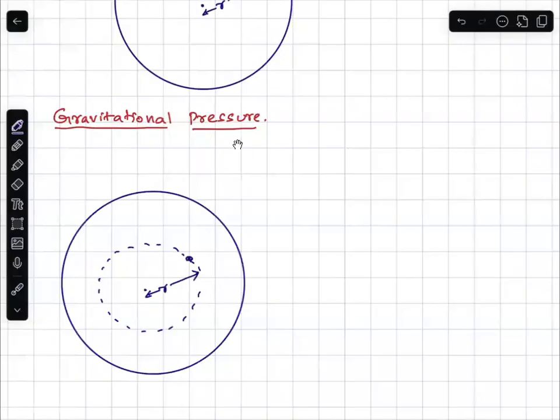Now I am assuming a very small element over here. You can see that element. What is the significance of this element?